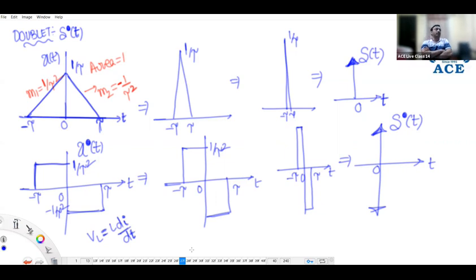By approximating the derivative of the triangle, we can produce a doublet, delta dash t. As doublet is looking like an odd function, area under doublet is 0.